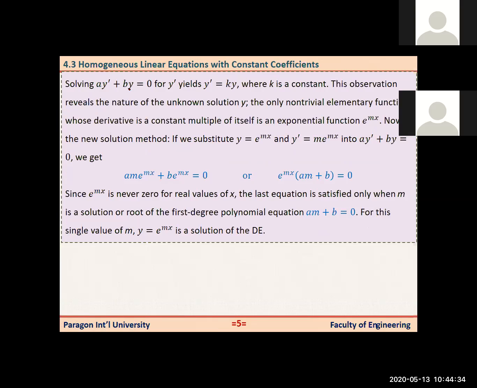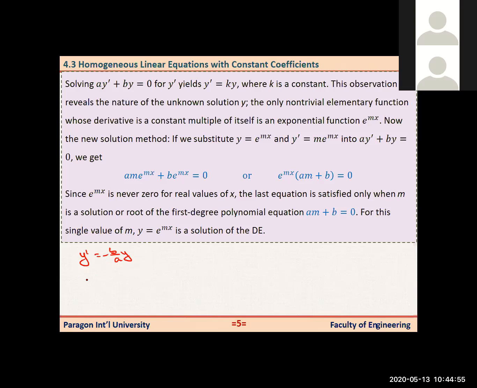We can write it as y prime is equal to minus b over a times y, right? And now if I denote minus b over a as m, then here we will have y prime equal to m times y, right?